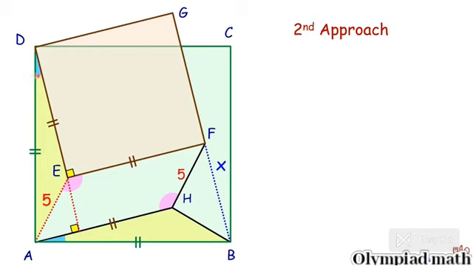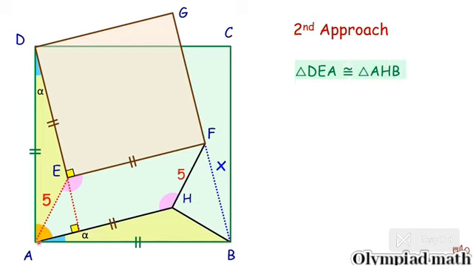Now if this angle here is alpha, then in triangle DA and this particular point, this angle will be 90 minus alpha, and thus this blue angle will be alpha. So by SAS we can say that triangle DEA is congruent to triangle AHB.